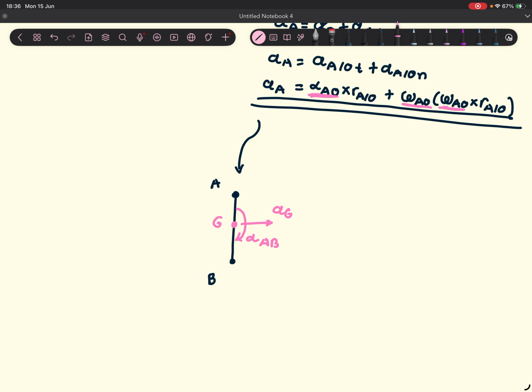And it's also accelerating in a straight line while rotating.